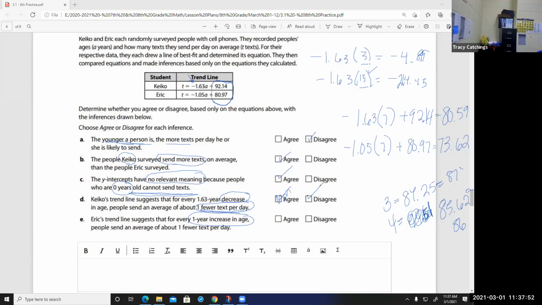And then for the bottom, they said Eric got for every 1 year increase in age, people send an average of 1 fewer. So let's see. We did 7 earlier. Do 8 for the second equation. Substitute in 8. So 8 times negative 1.05, and 80.97.